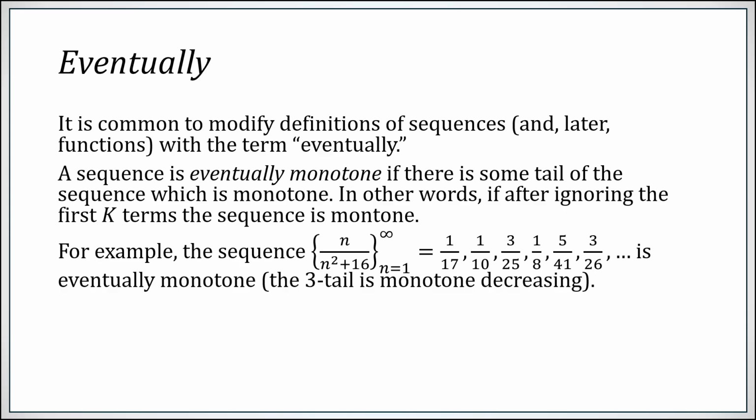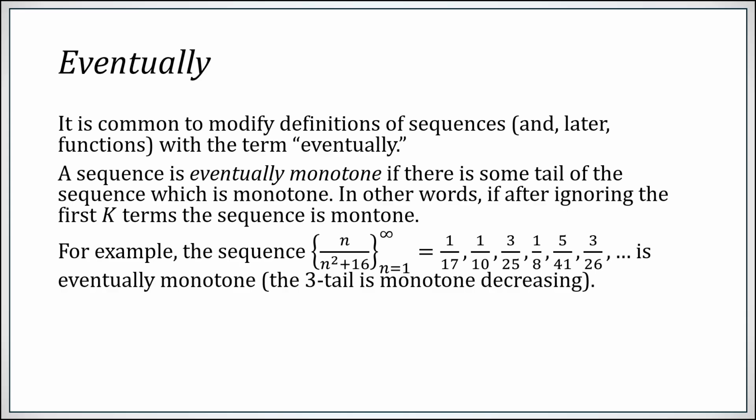In fact, if you cut out the first, second, and third term and just start looking here, this is now going to be monotone decreasing. But the first few terms violate that. I get bigger here, and I definitely get bigger here. The first few terms jump around a little bit, but if I only look at the three-tail, what remains is monotone decreasing.